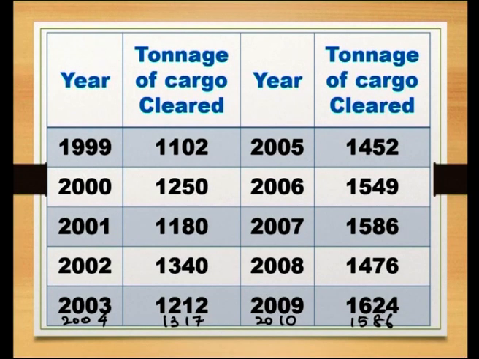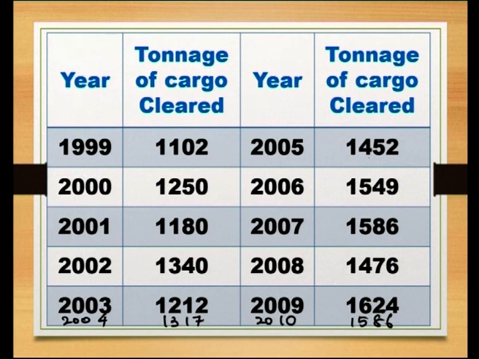Let us see how this is calculated. This is the data given in the question from 1999 to 2009. Year is 1999, 2000, 2001, 2, 3 and then corresponding to the year 2004, the value is 1317.